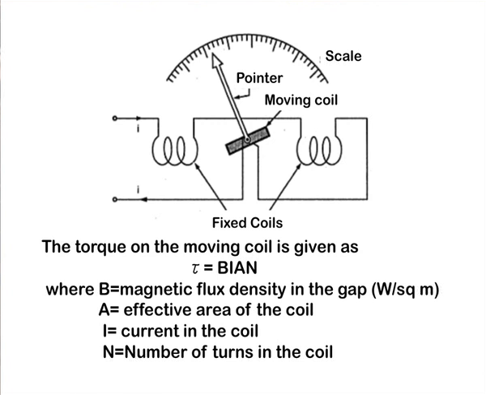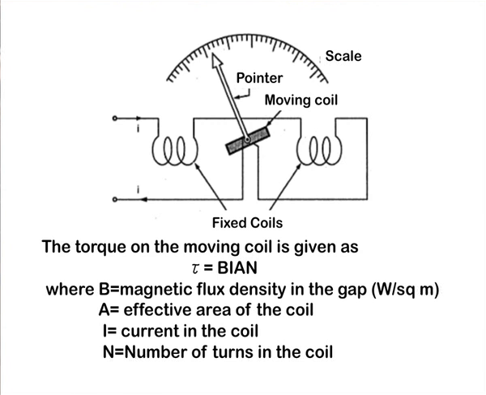Since the current is passing through coil 1 and coil 2, the magnetic field B is produced between these two coils, and this magnetic field is proportional to the current which is being passed through these coils. Simultaneously, the same current is also flowing through the movable coil.